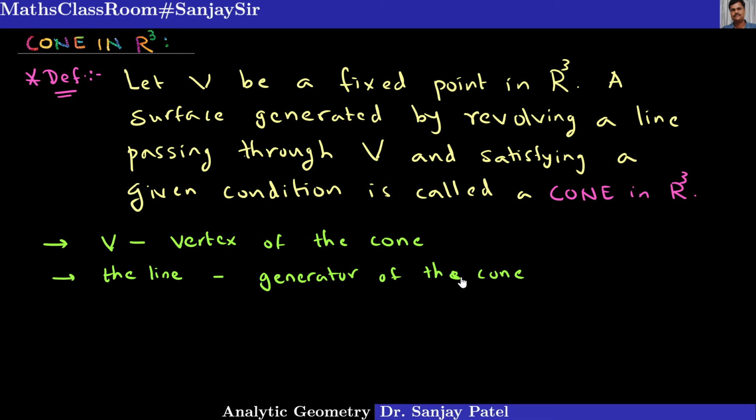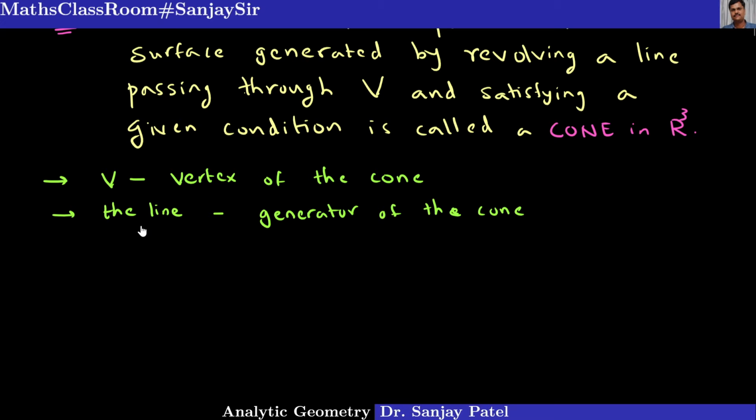Remember, this line is not fixed. It is any line passing through the given point and satisfying some condition. Now, the term given condition can be any mathematical condition. Let me explain this way.